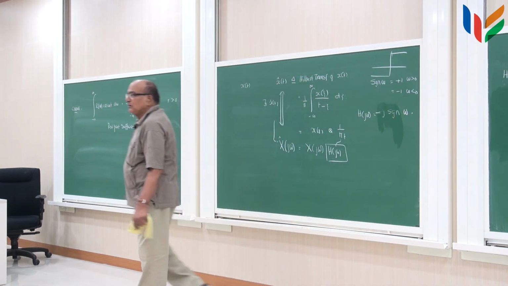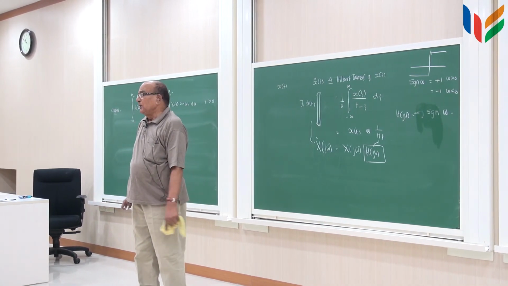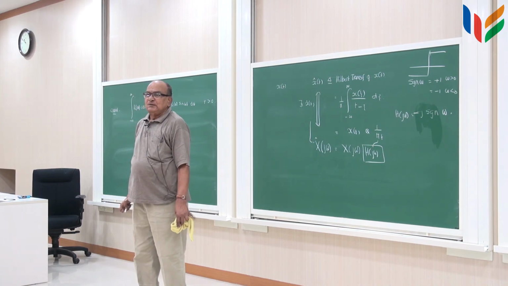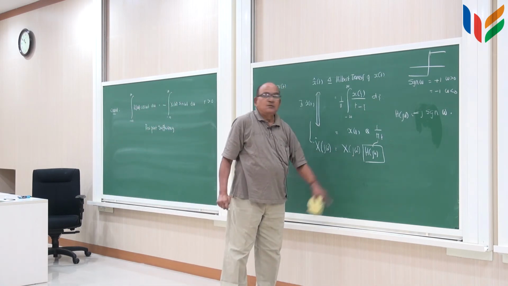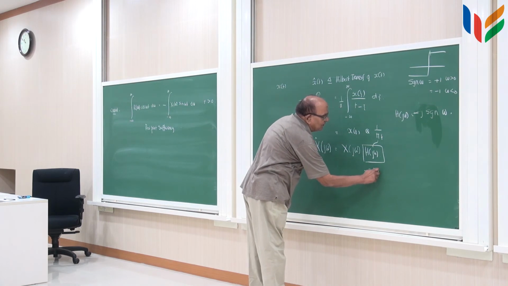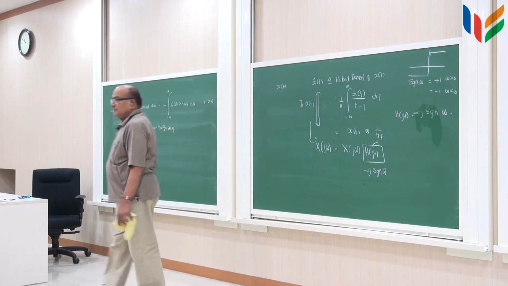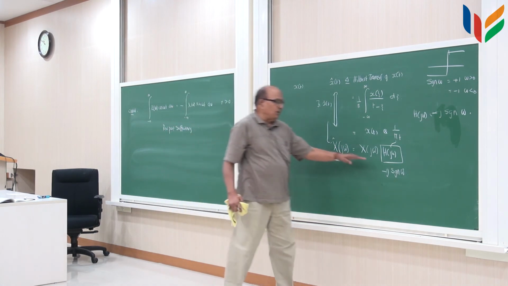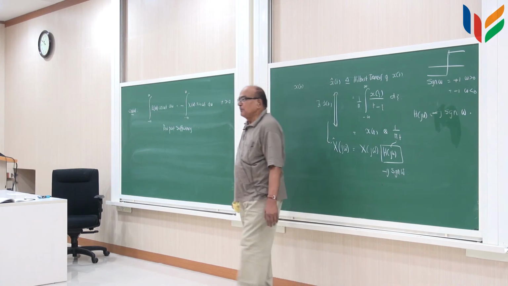This is the signum function. So, in terms of the signum function, H(j omega) is equal to minus j sgn omega. So, you multiply this X(j omega) by minus j sgn omega.